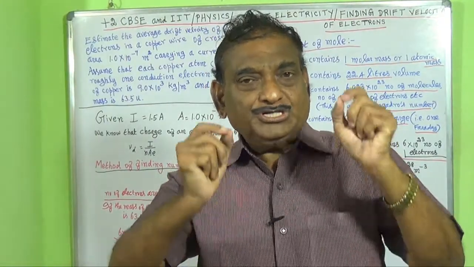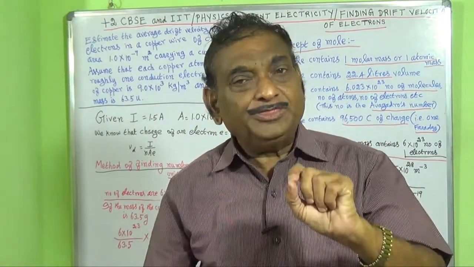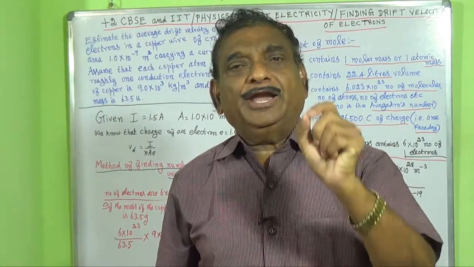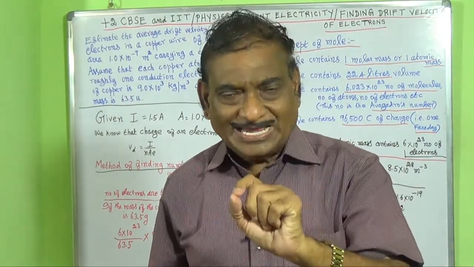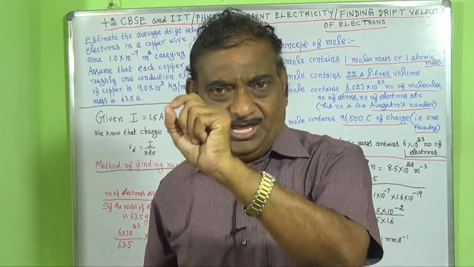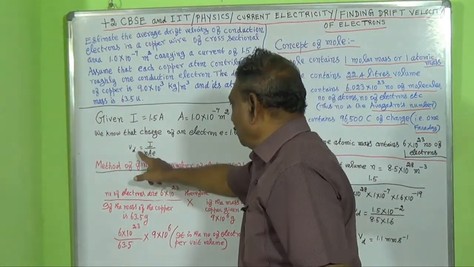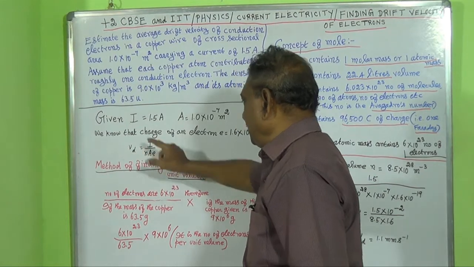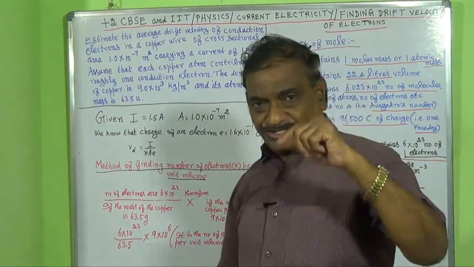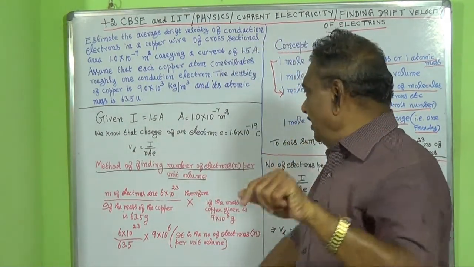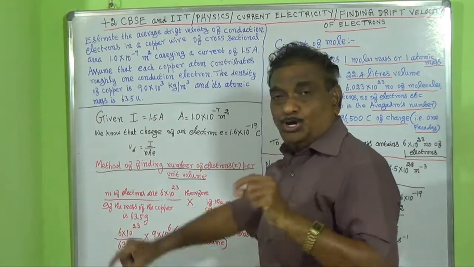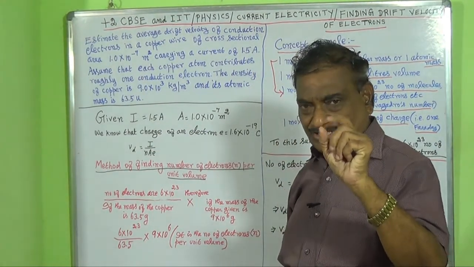So far we have seen the history of obtaining the formula for drift velocity as I by nAe. That is, drift velocity equals I by nAe. As already stated, the current is given, that is 1.5 amperes.